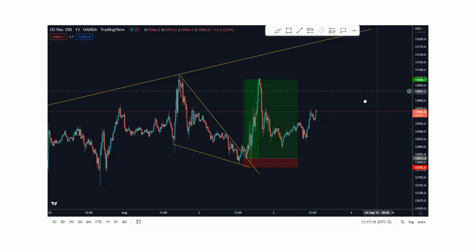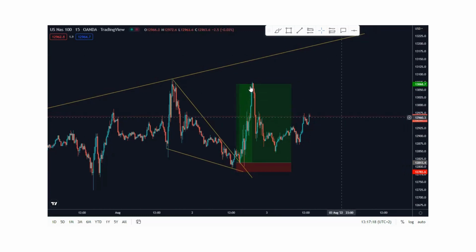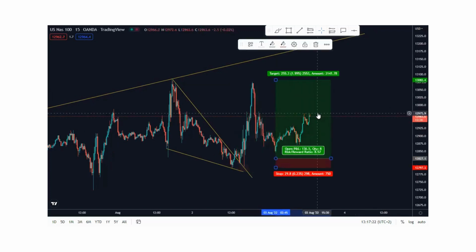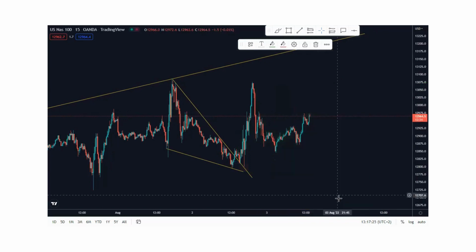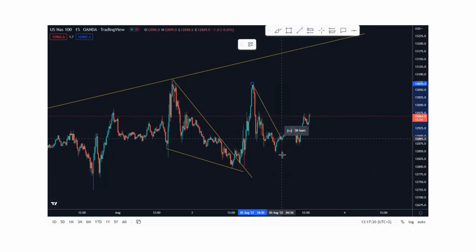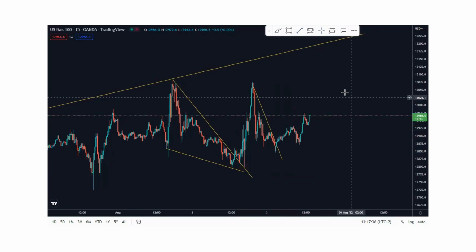So I'm still looking for a buy opportunity. I was supposed to enter here, but because it didn't come for a retest, I couldn't enter this trade. As you can see, this is also a continuation pattern to the upside, but I didn't get the retest.